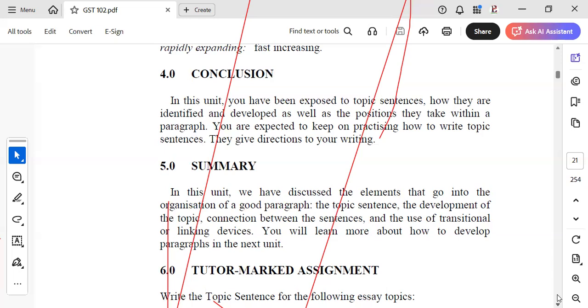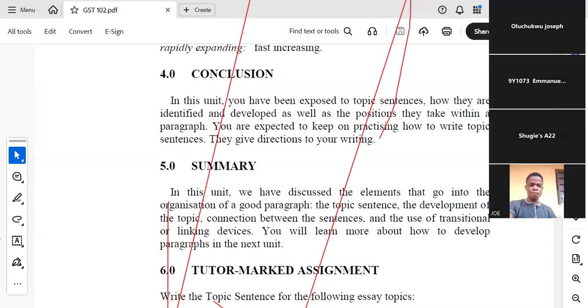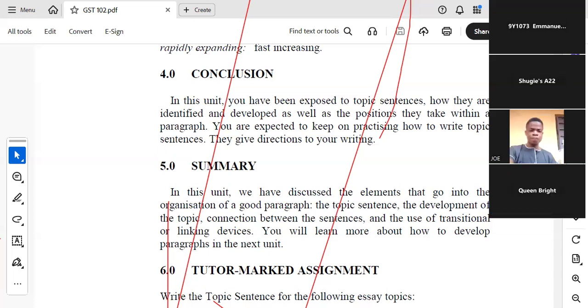So let's mention many more as we round up the class. Mention several examples of transitional devices you can think of. A general question to the class, everybody can contribute. Or should I say we should give 5 each? Okay, hold on. Let's do it like this, one by one, 5 each, before we round up the class.